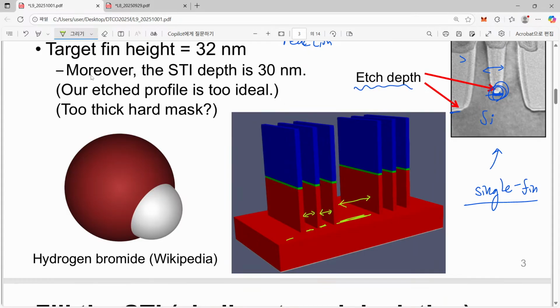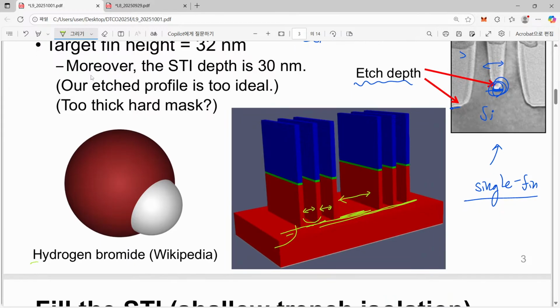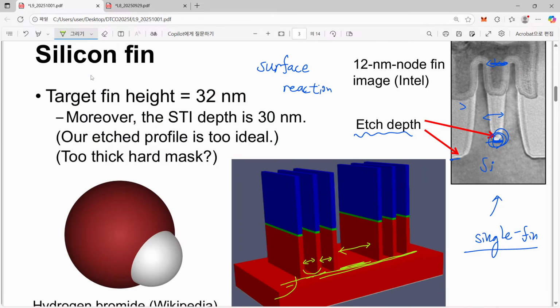Please understand that although we treat it as a flat surface over here, we can have a little bit deeper and a little bit shallower profile for our fin definition. Okay, and this is the one we are using to make this kind of etching process.